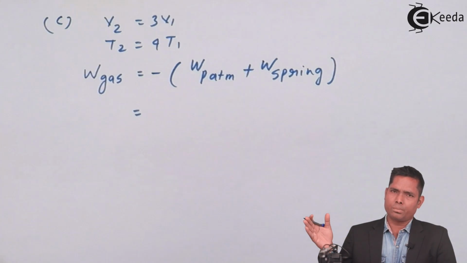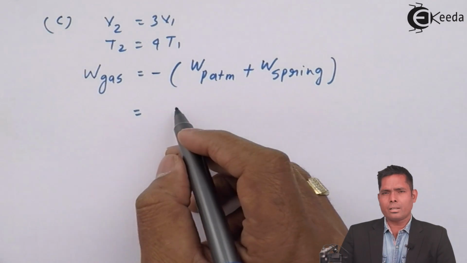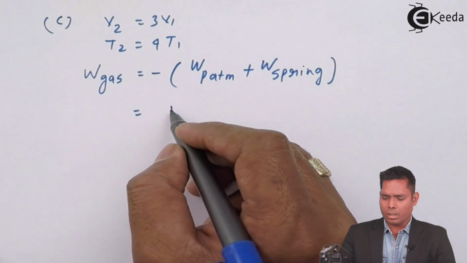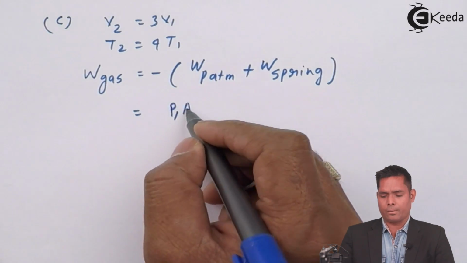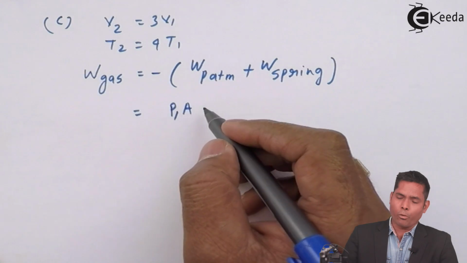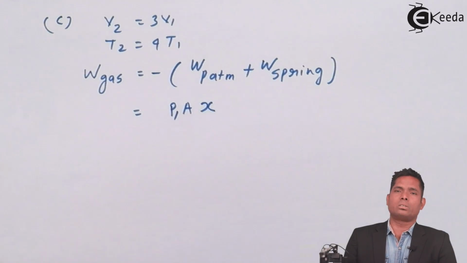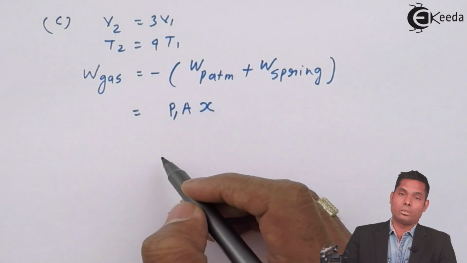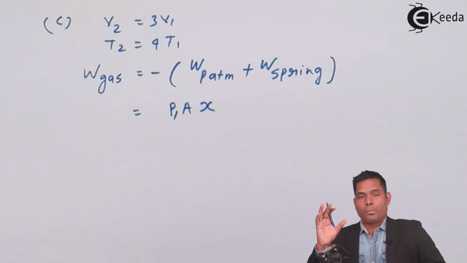So from here it is moving forward, and the force is P1 into A. It is moving through distance x. So this is the work done due to the P1 pressure.